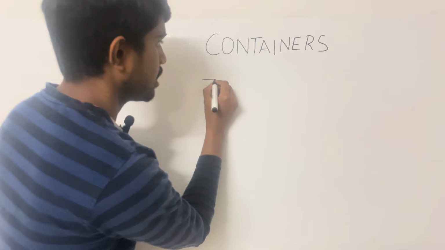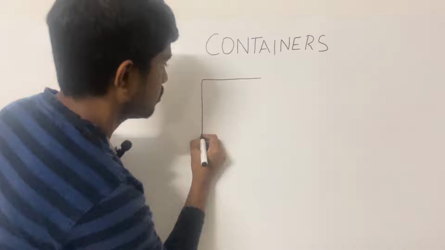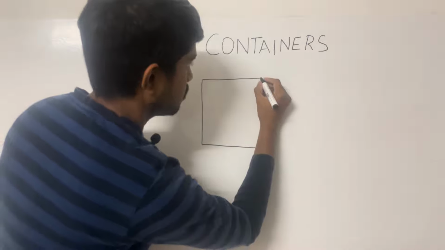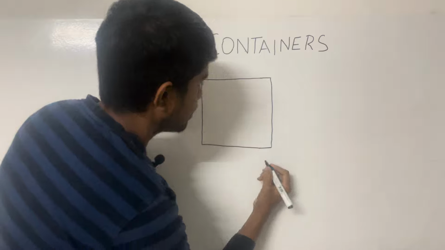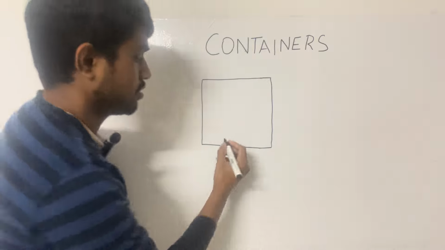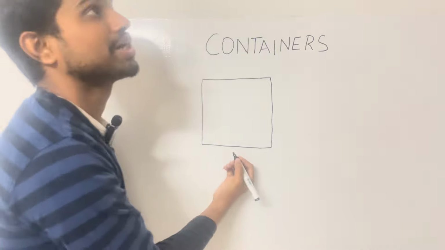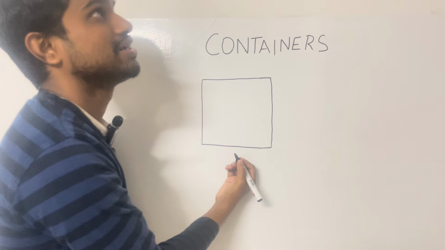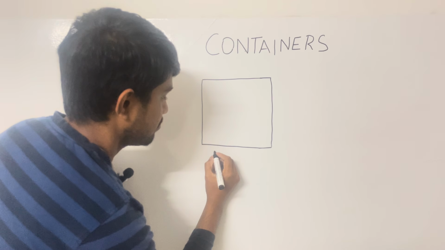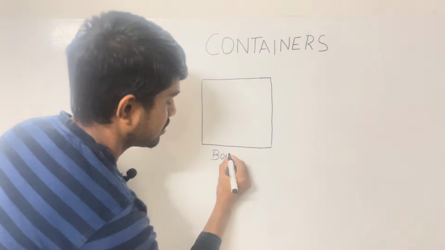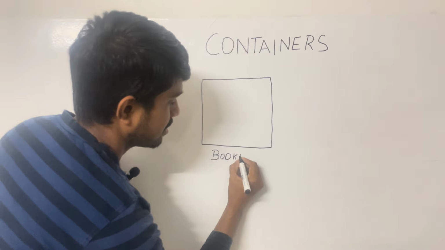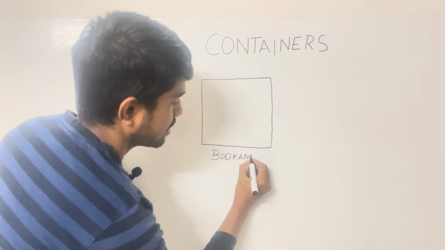And your computer looks like this. So this is your, for example, it can be called bookamazing.com.